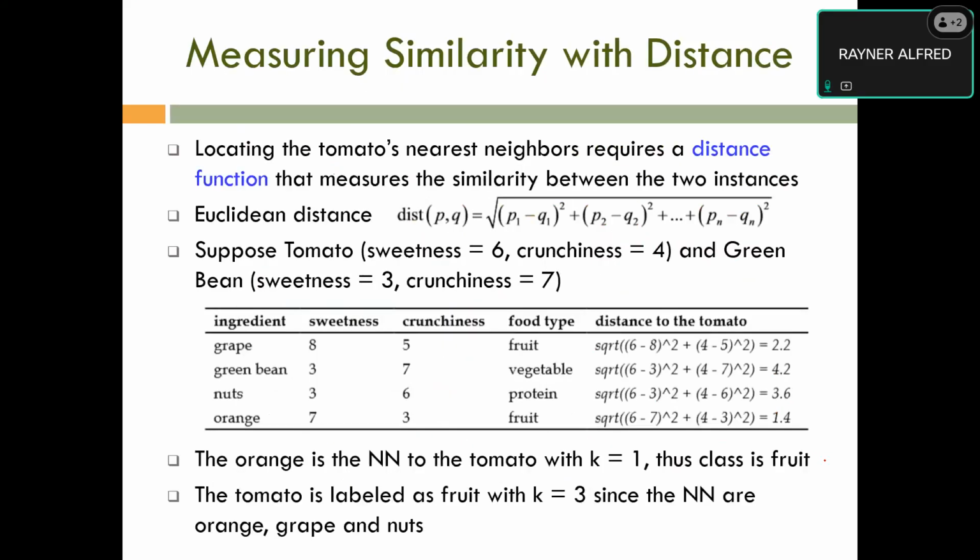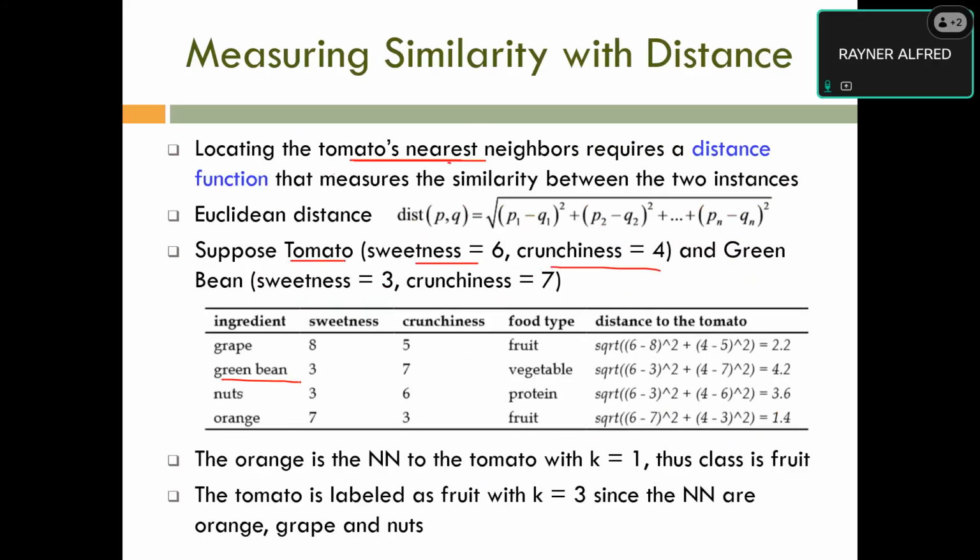For example, we go back to the example just now. So this is the new instance that we have, the tomato. The tomato has sweetness 6 and crunchiness 4, and now we want to measure the distance between the tomato and the green bean.